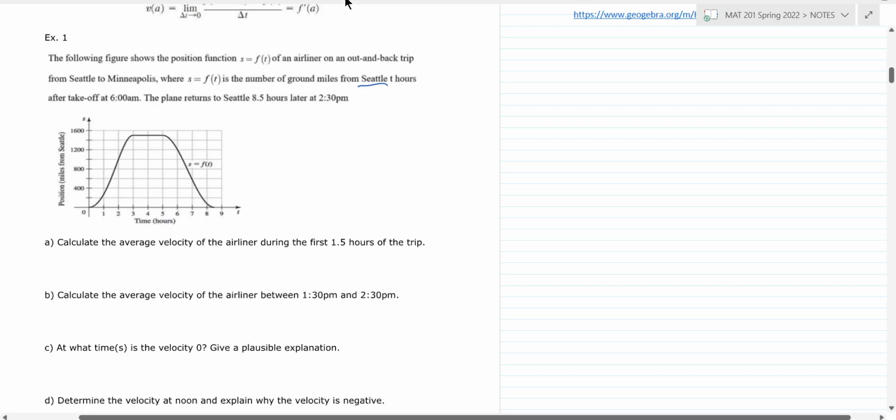Okay, so we're going to answer several questions about this. To begin with, let's make a few notes to ourselves. Right there, 6 a.m. is when we take off. And then 8.5 hours later, so 6 plus 8.5 gives you 14.5, which is really 12 noon plus 2.5 hours, so you get 2:30.